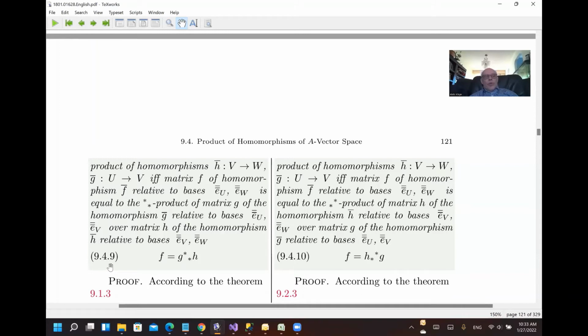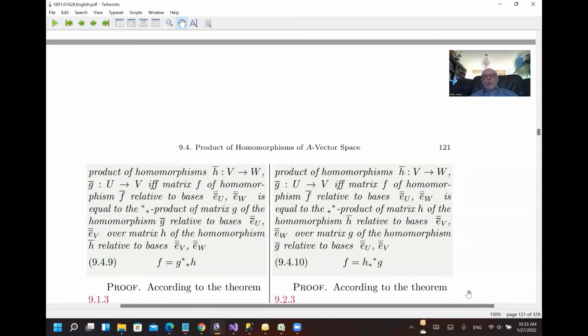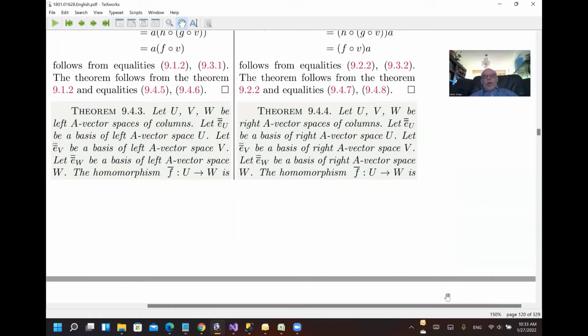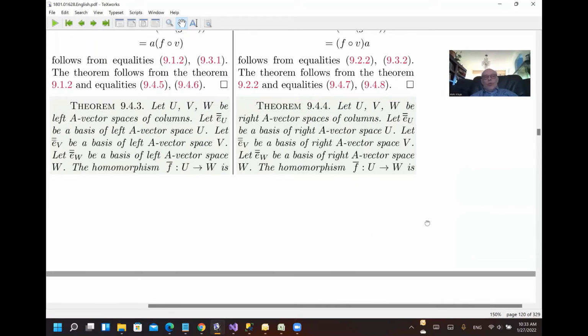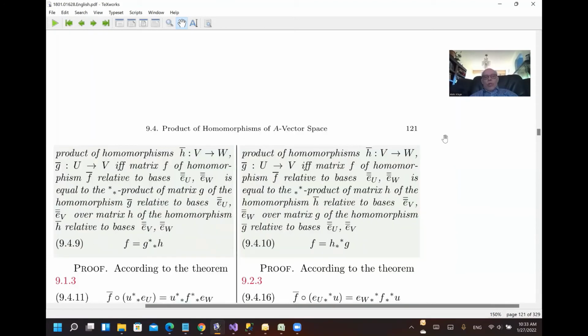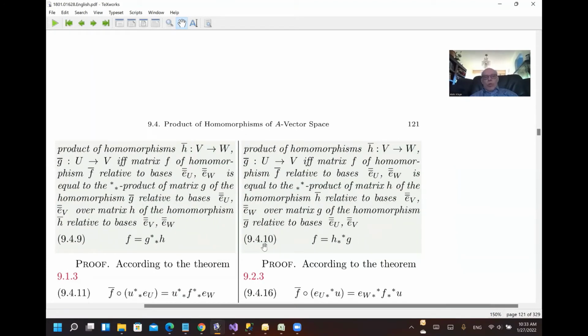We use equality 4.9 to express the relation between matrices F, G, and H. A similar statement is true for right A vector space of columns, with the only difference that instead of CR product, we have RC product, equality 4.10.